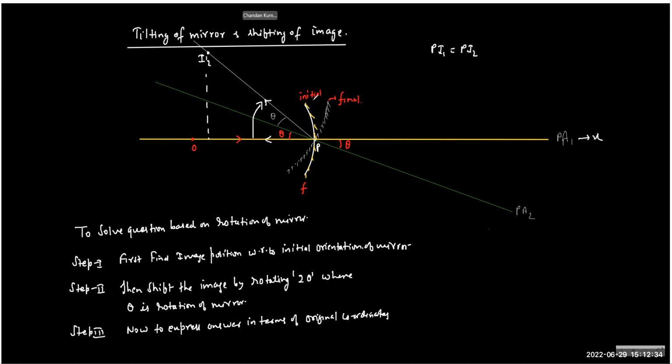So this is the x and this is the y axis, the original coordinates concept. You can take the projection.